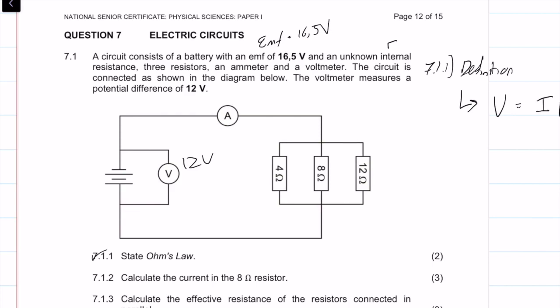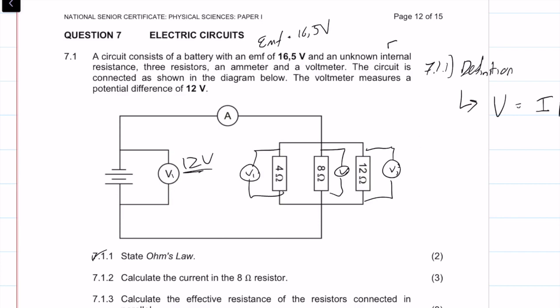The next question says, calculate the current in the 8 ohm resistor. We know that this voltage here is 12 volts. That means all the voltages here are equal to, I'm going to label this V1. All of these have got a voltage of V1 across them, including the entire circuit.